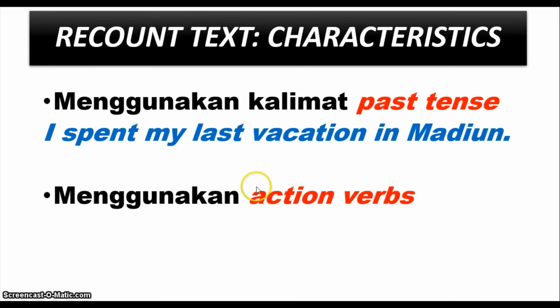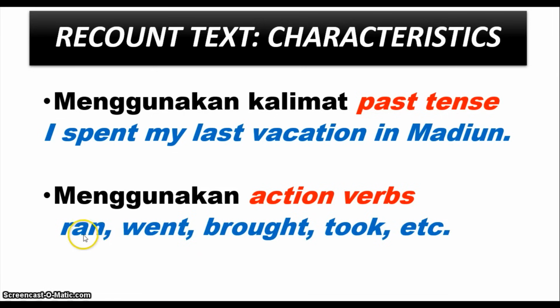The next one, the use of action verbs. When we talk about action verbs, the audience or the listeners know that the subject of the verbs does something, all right? And visually the audience can see, like run, and the past form of run is ran, and then go.